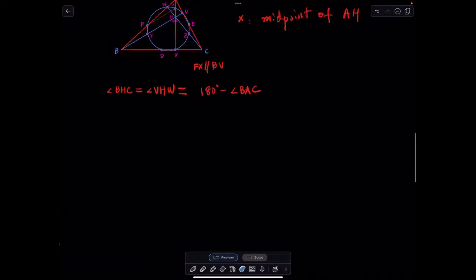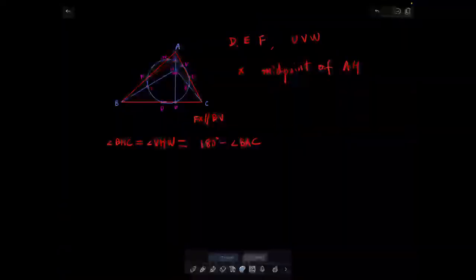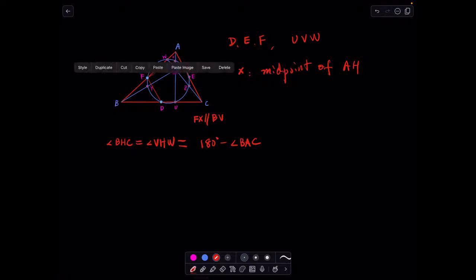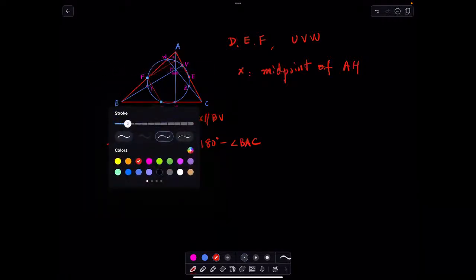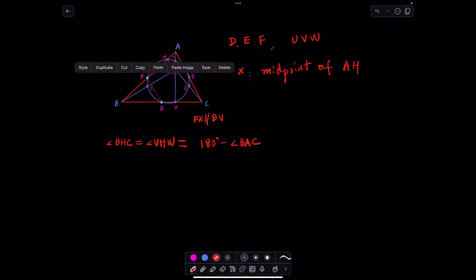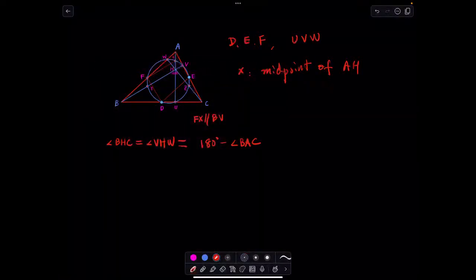Okay, so make the connection here. Use a dotted line here. And X and E, right?